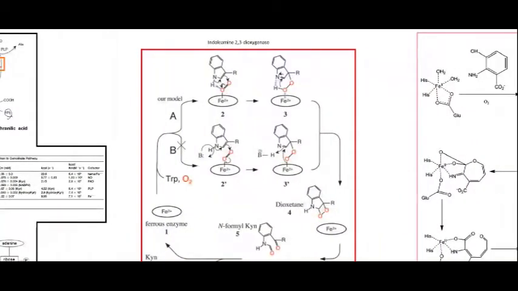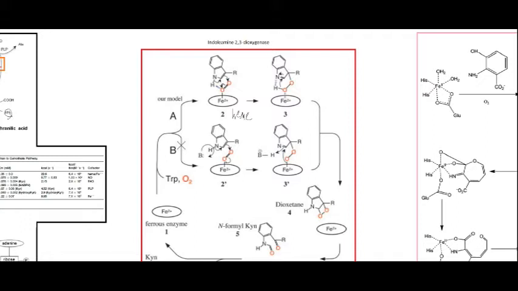And so that is this right here. So it's using iron, which is actually in a heme group, same as with hemoglobin. And so this paper shows these 2 possible different reaction mechanisms here. Their model is this one on A, and in the paper they rule out this B pathway here.